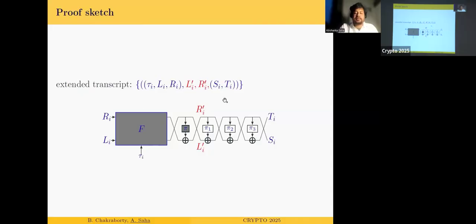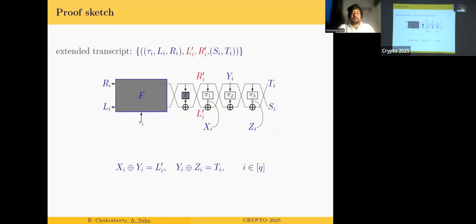So this is our extended transcript, and now you can see that the probability that this extended transcript is realized in the ideal world is basically the probability that the 3-round PLR instantiated with pi 1, pi 2, pi 3 outputs Si Ti on input Li prime, Ri prime, where the probability is over the random choices of pi 1, pi 2, pi 3. So basically, we have to calculate the number of permutation triples pi 1, pi 2, pi 3 such that the output of the 3-round PLR is Si Ti when input with Li prime, Ri prime.